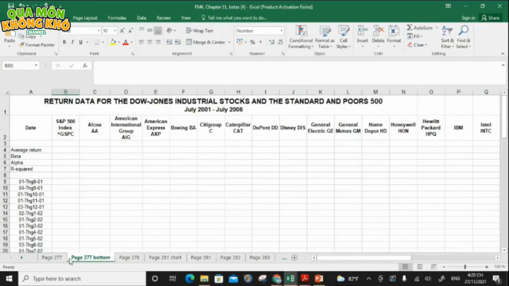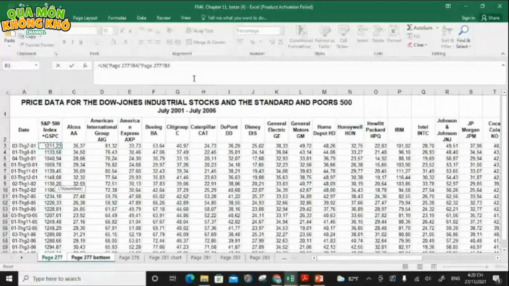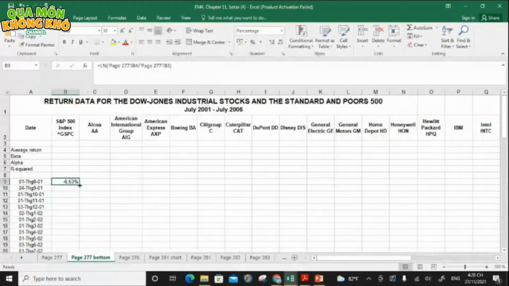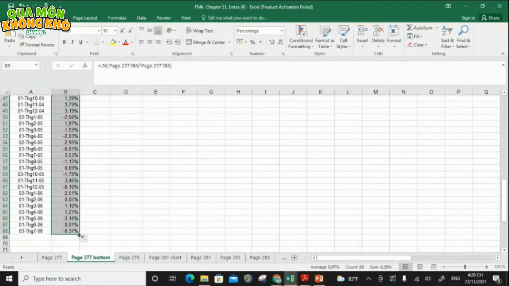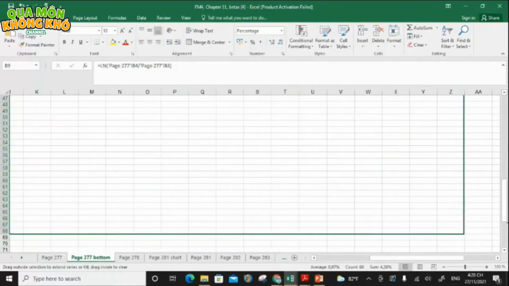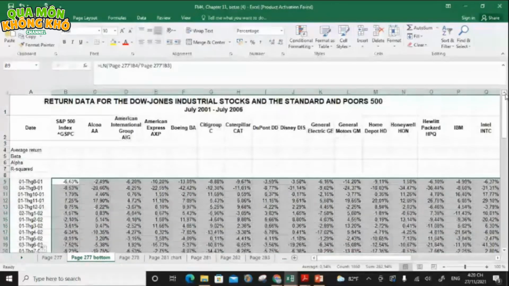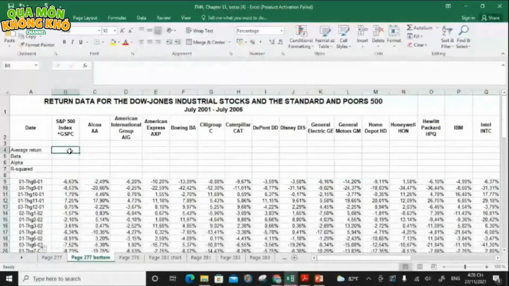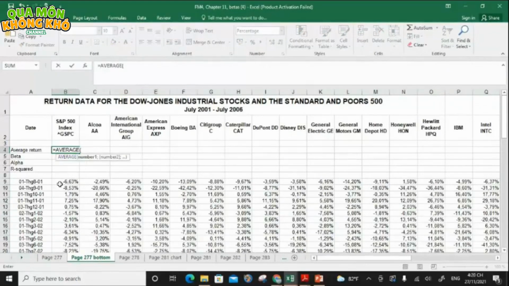Here I will calculate from the 1st of August, the 1st of August divided by the 3rd of July, and similarly for the rest of the months, and we simply apply it to the remaining stocks. Then I will calculate the average return with the function average.